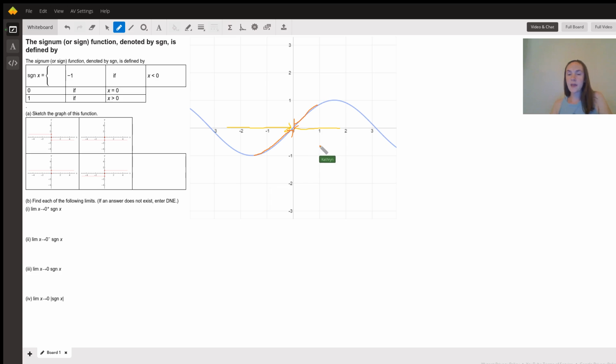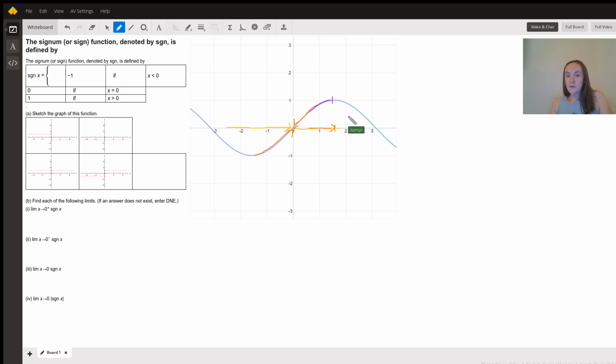Okay, so let's look at something a little bit less trivial. What about when we're approaching pi over 2? As x is approaching pi over 2, which is somewhere in this vicinity right here, the sine function itself, we'll choose another color, is going up, up, up, and it's approaching 1 right here.